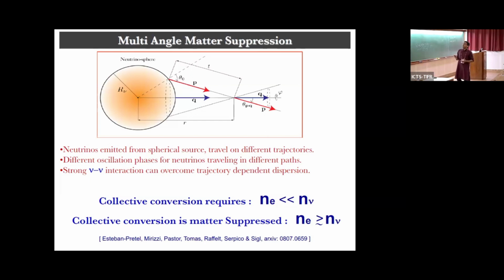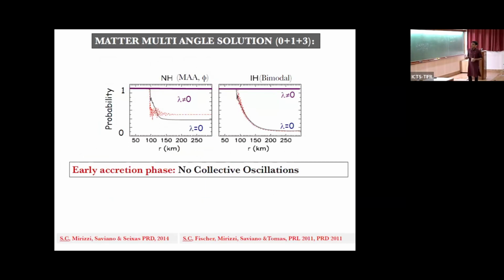So this is called the multi-angle matter suppression, and this was already realized before. But then around 2011-12, we realized that if you look into the supernova simulations, the electron densities are way too large, or at least as large as the neutrinos very close to the supernova core, which for you right now may not seem very surprising. It's a simple thing to understand.